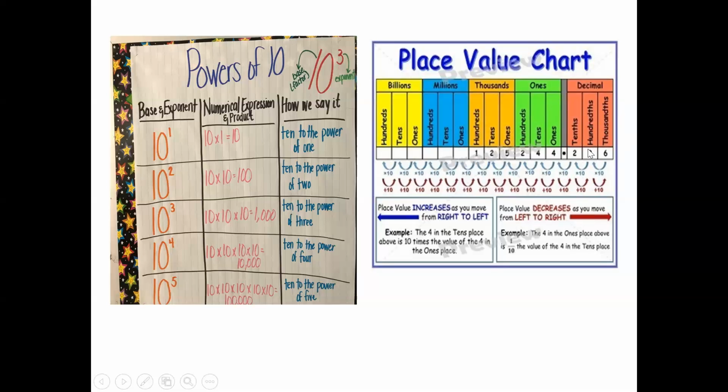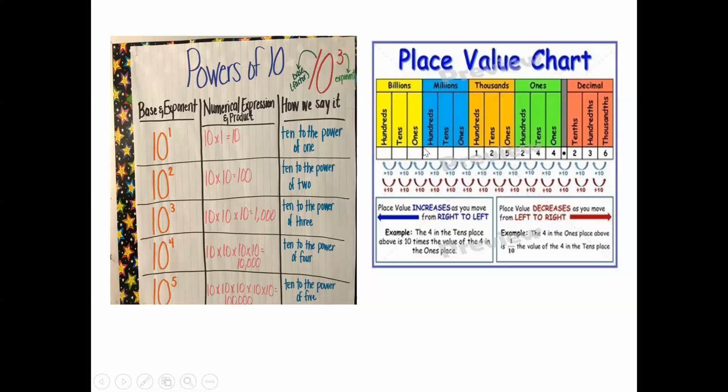So now let's go back to how these place values change. Powers of 10 can change those place values, okay? If I want to increase my place value, then I would move from the right to the left. So that means the thousandths are smaller than hundredths, and it goes up to tenths, and then it increases to ones, then tens, then hundreds, then 1,000s, 10,000s, and 100,000s, and so forth into the millions and billions.